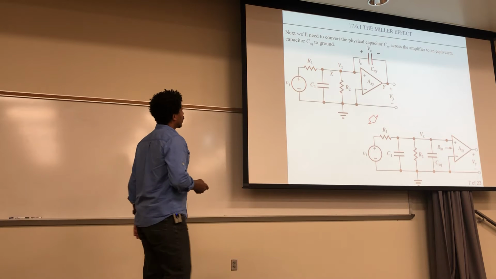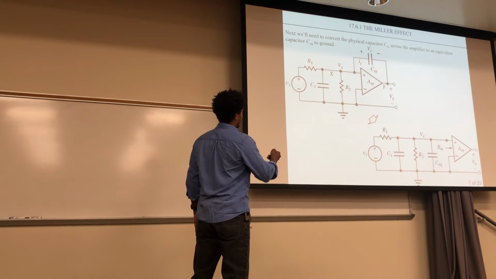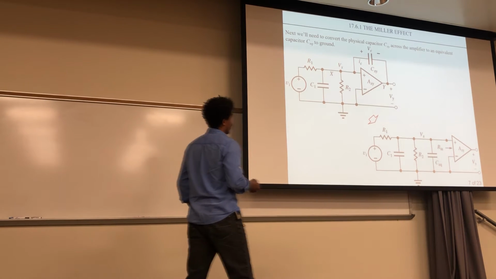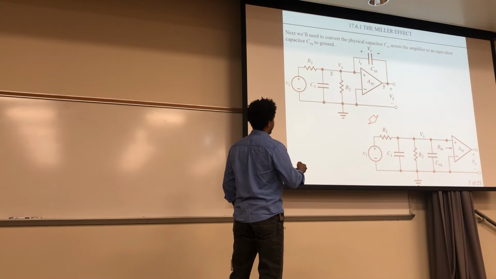Okay, so in doing so, the image of that is right here. So this circuit right here is going to be replaced with this circuit right here, where this C equivalent has the same effect as what's happening here, where this capacitor right here is the feedback.